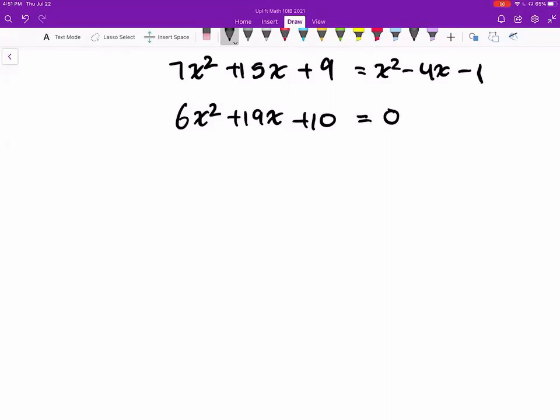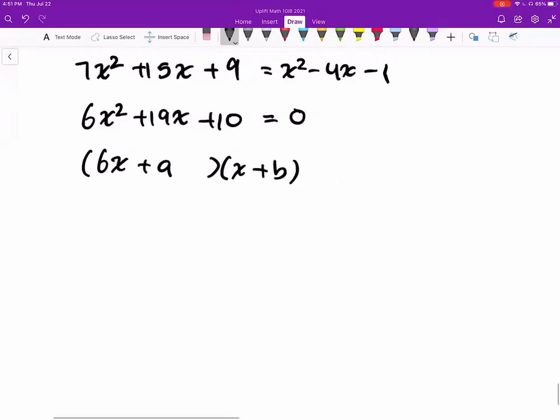So we can use Kevin's method. Oh, we can do 6x. So 6x plus a and x plus b. Then a plus 6b is equal to 19, and a times b is equal to 10.